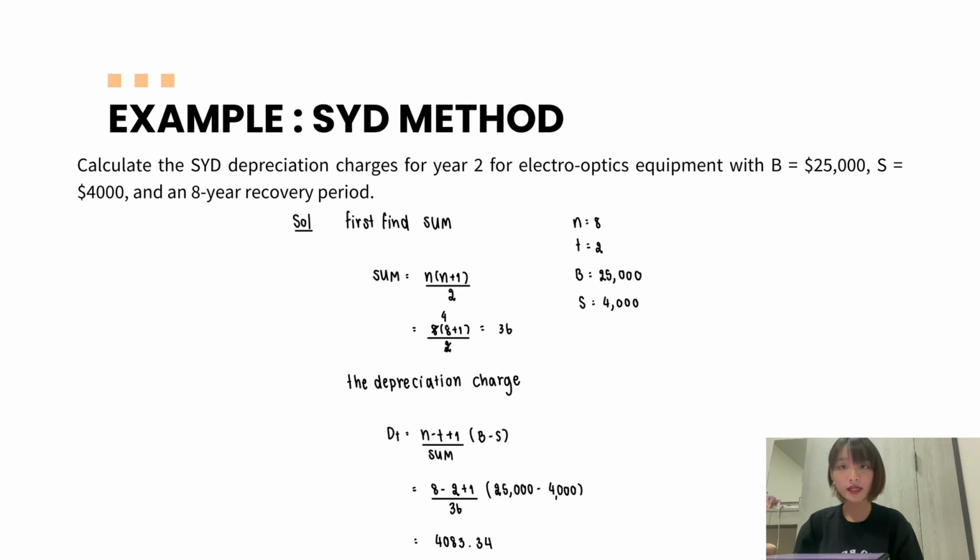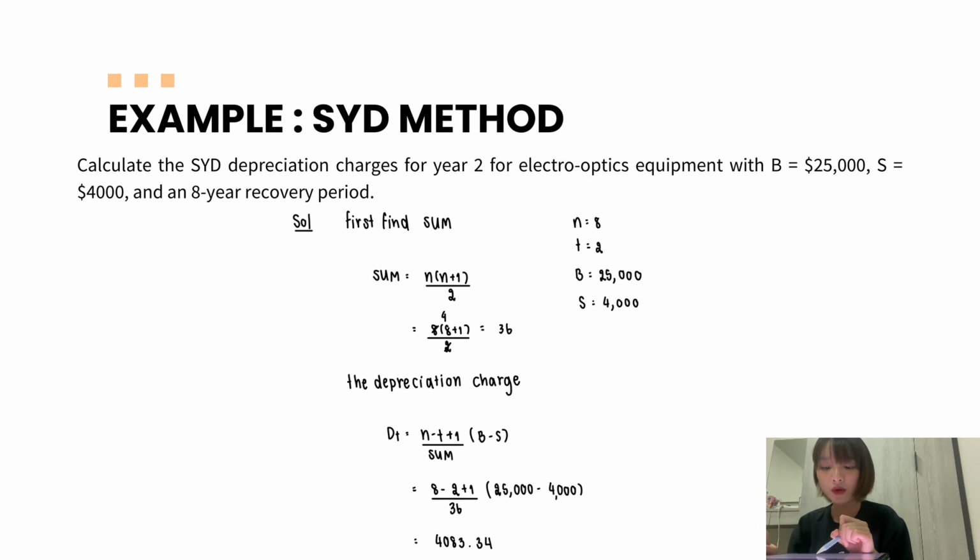Example of SYD method. Calculate the SYD depreciation charge for year 2 for the electro-optic equipment with B equal to 20,000 and S equal to 4,000 and an 8-year recovery period. First, find the sum.